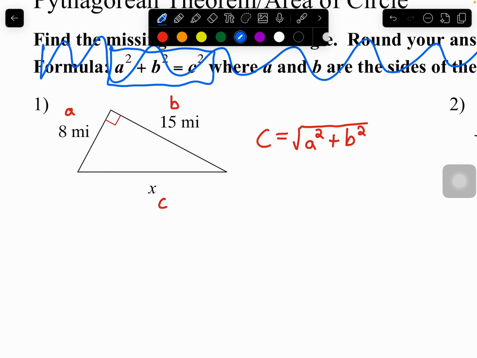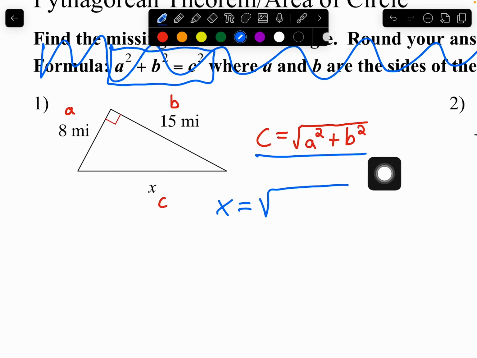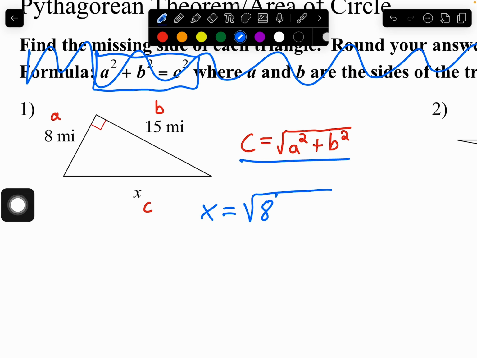So what you're going to do is plug everything into the formula here. So if C is X, then X equals, and since it's already in X equals form, all I have to do after I plug everything in is have the square root, and then A is 8. So 8 squared plus B is 15, so 15 squared.